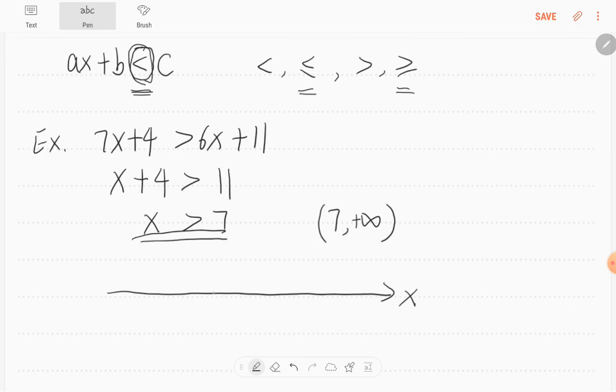X is greater than 7, so we locate 7 here, for example. This is 0, for example, this is 7. And we use the parenthesis. And this would be your answer. Now let's look at another one.